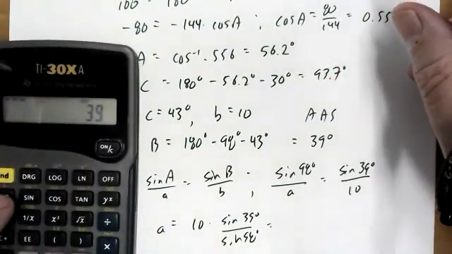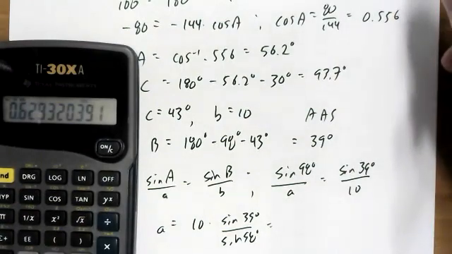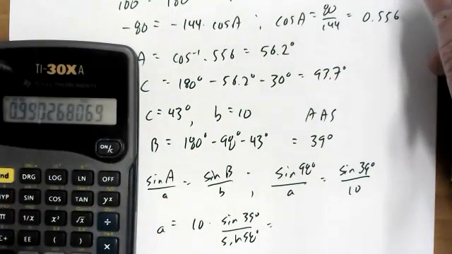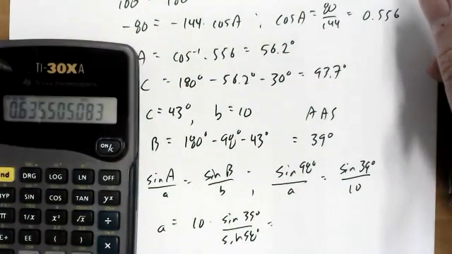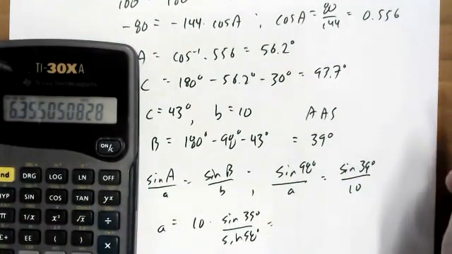So 39 sine divided by 98 sine times 10, 6.4.